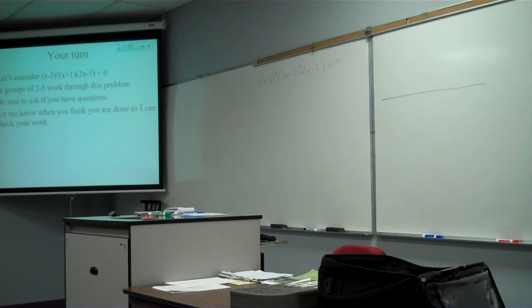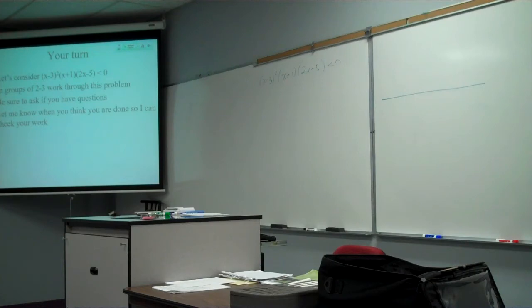So one of the factors will have to be 0. Let's just look at that one. Where's that factor going to be 0? We want x minus 3 to equal 0.